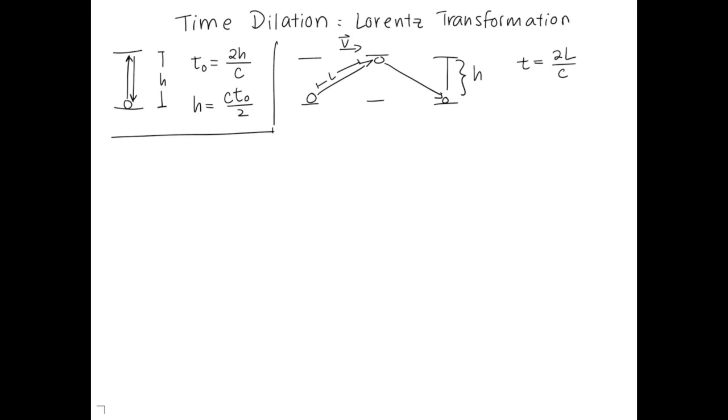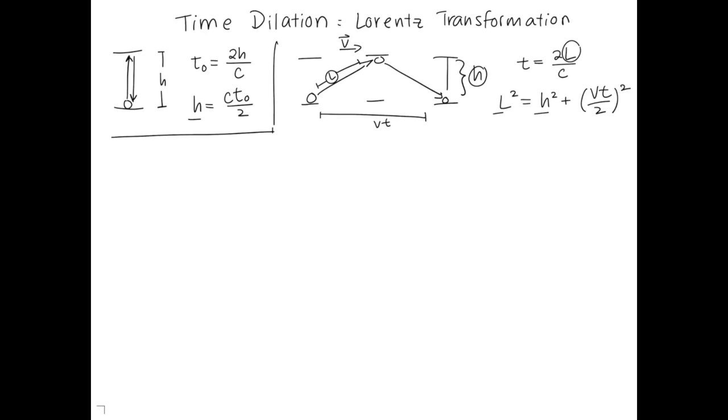Now, when we want to find the relationship between L and h, as well as v, we find that through the Pythagorean theorem, L squared is just equal to h squared plus (vt/2) squared. So this is going to be v times t, so we want half of that. So we have vt divided by 2 and then squared. Now we want to cancel out our h's and our L's.